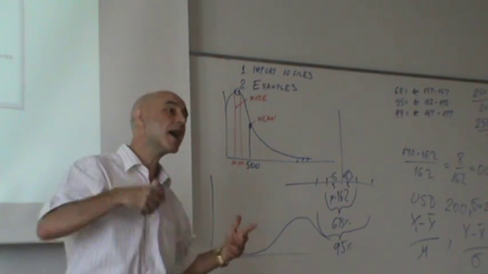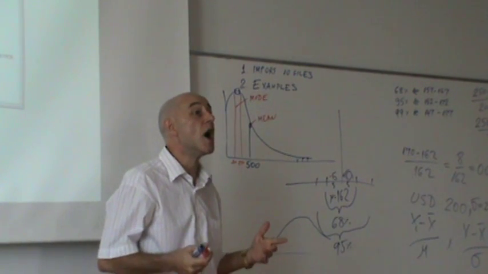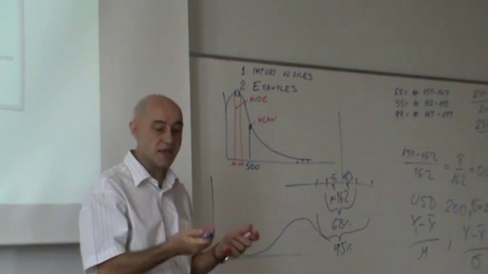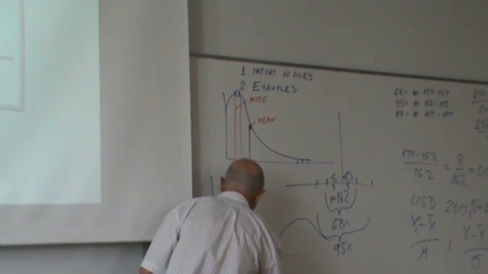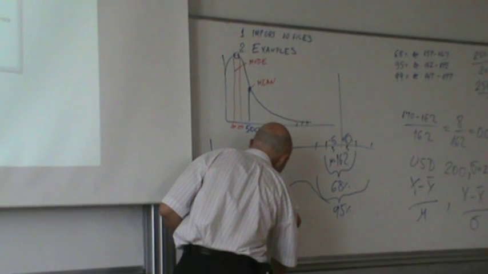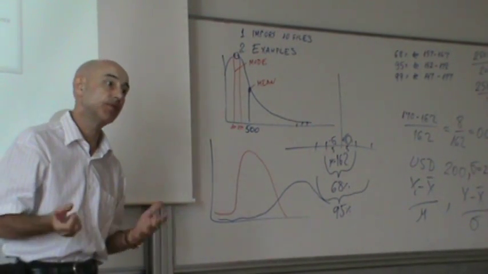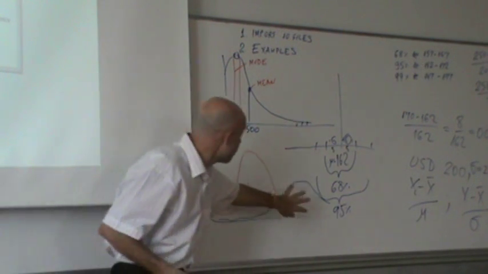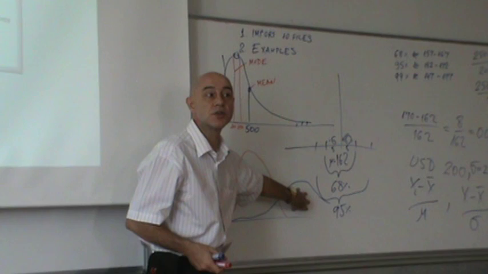Well, in a poor country like this, maybe it's the other way around. In a poor country where people are undernourished, you may get the opposite. You may be getting a lot of people who are relatively skinny, and then very, very few fat people, for example. So if people are mostly fat, it will be skewed to the right.